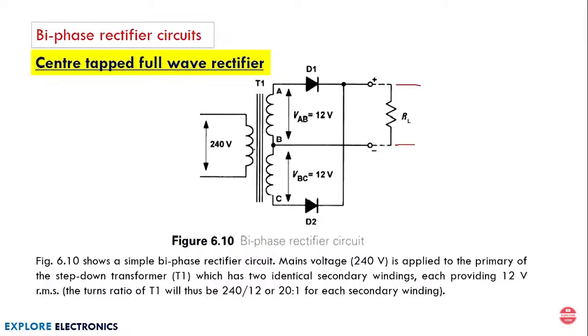Here also we are going to give a 240 volts AC signal, and the available voltage at the two ends from A to B and also B to C is 12 volts RMS value, which is equivalent to 17 volts AC signal. So let us see how actually this center tapped full wave rectifier is going to work.